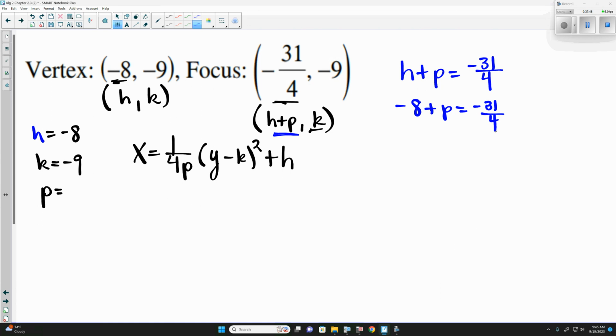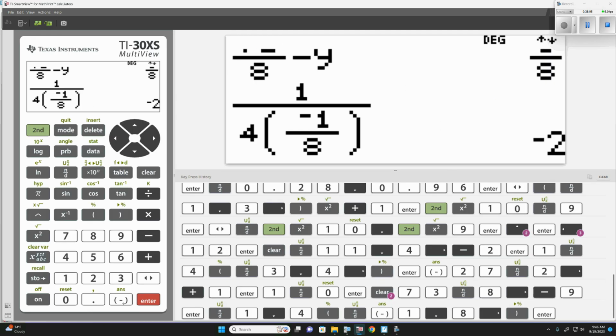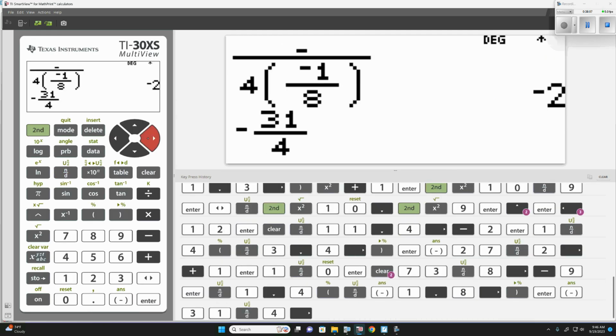So we plug it in. -8 plus p equals -31 over 4. And this I believe should give us a positive answer. -31 over 4 plus 8 is 1/4. So the value of p in this case is 1/4.